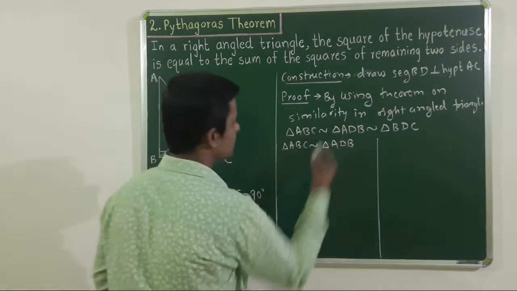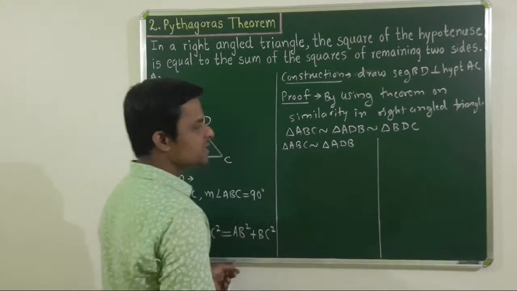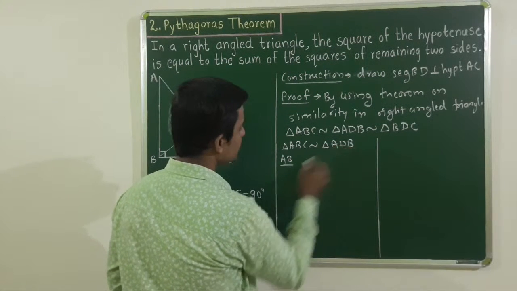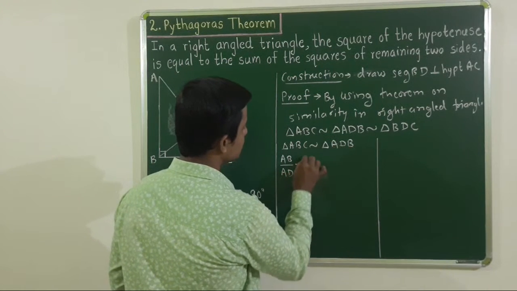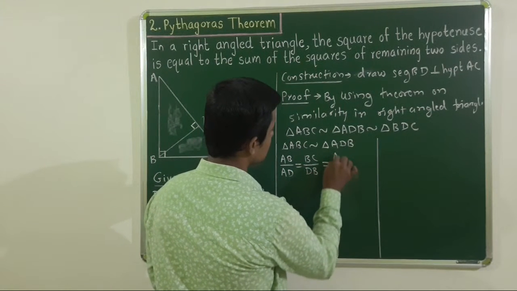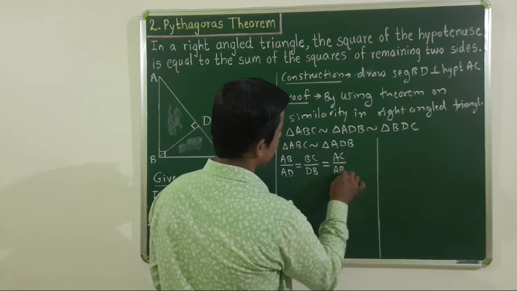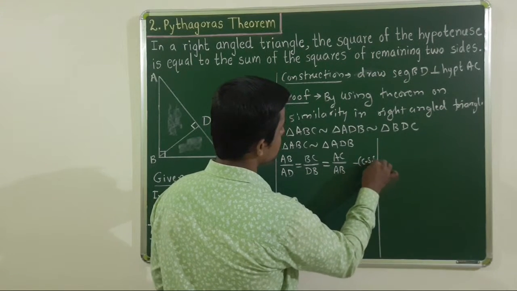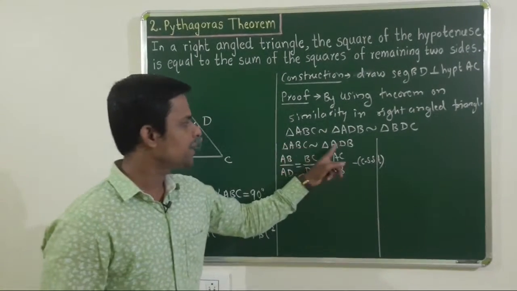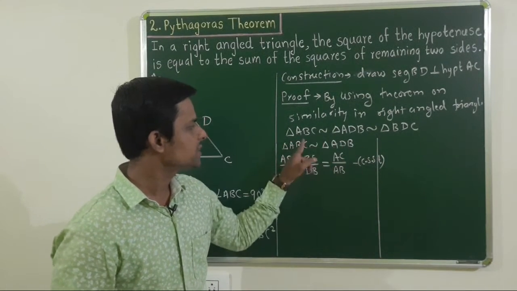By taking this pair, I can write their corresponding sides in proportion. That is AB upon AD is equal to BC upon DB is equal to AC upon AB. These will be corresponding sides of similar triangles, that is CSST.